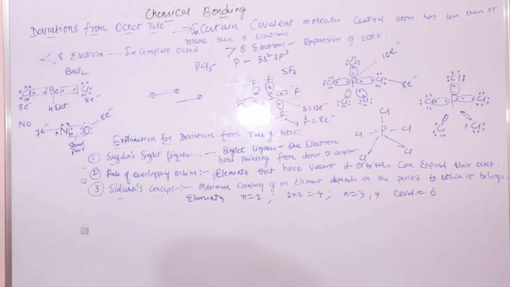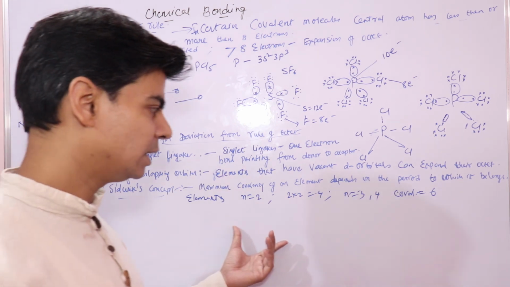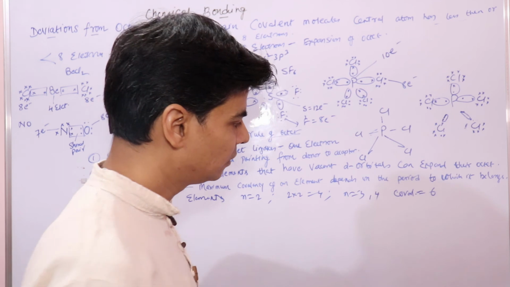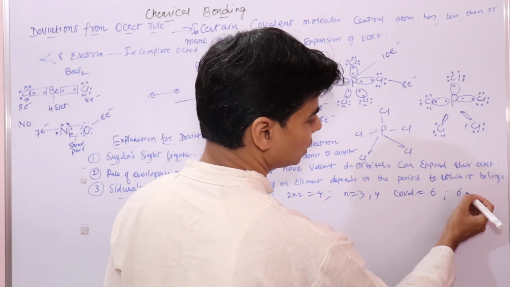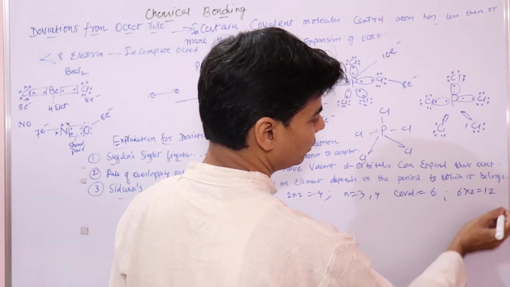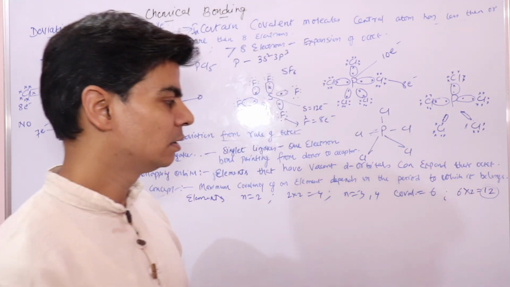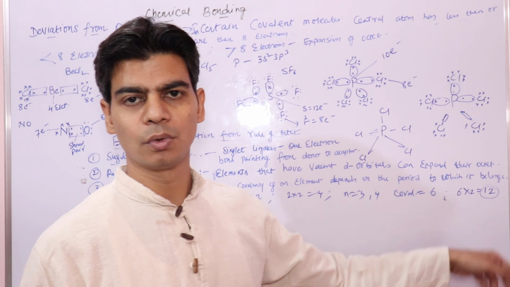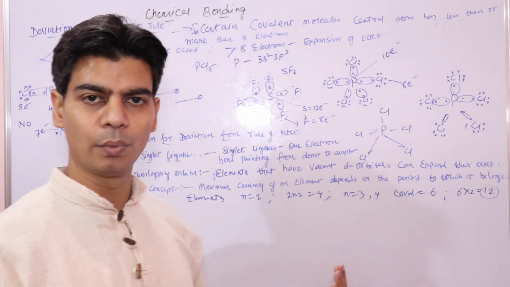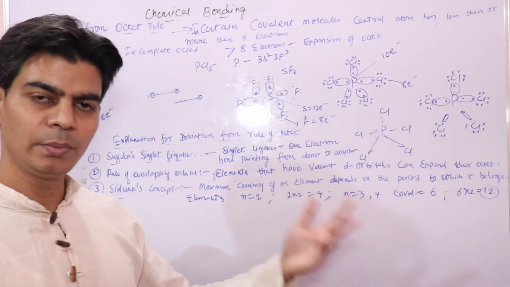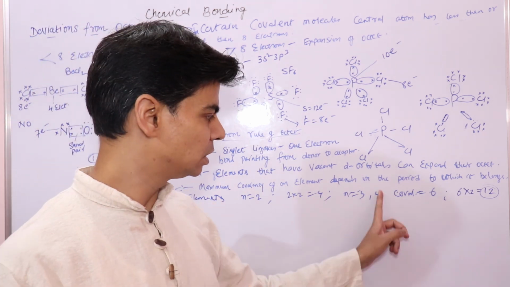And it is not always essential that elements will show their maximum covalency. For example, if an element belongs to the 6th period, it should show a maximum covalency of 12, but it is not always essential that it will show it. It can show less covalency also. We will do covalency in the next video lecture.